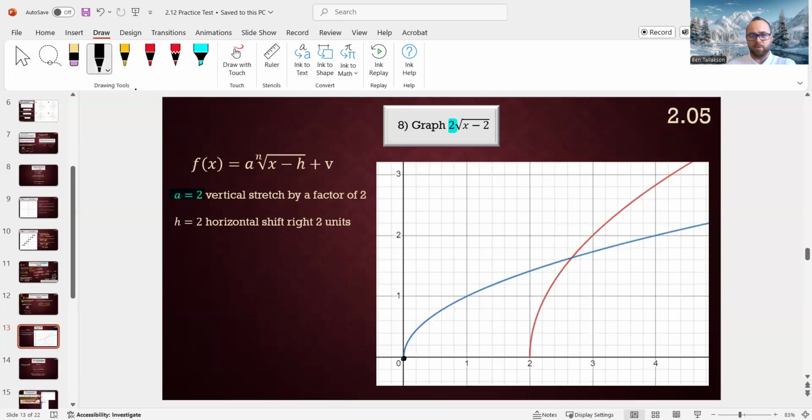Let's look at the parent function, which is this blue line, for a second to really understand what's happening here. These are the 3 key points I asked you to really make sure you are aware of, because when transformations happen, those will guide us, okay? So a vertical stretch, what value is getting changed?